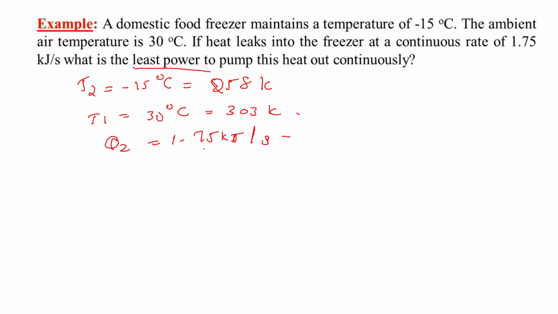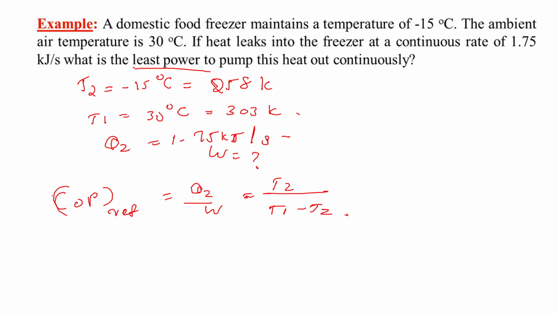Now you have to find the value of W. So COP of refrigerator is given by Q2 divided by W, that we can write as T2 divided by T1 minus T2. So it will be 258 divided by 303 minus 258. So your answer will be 5.733.